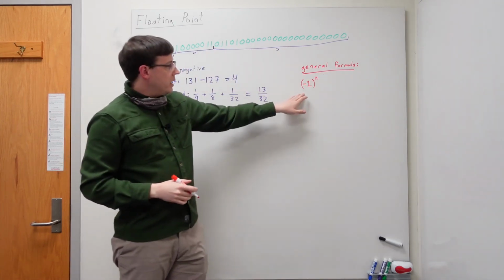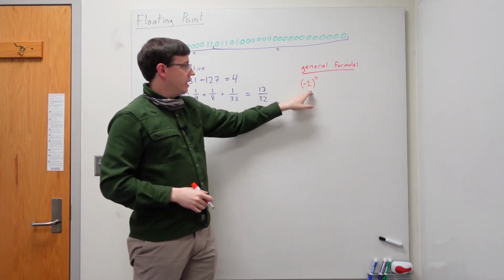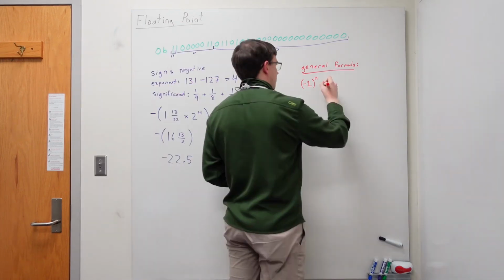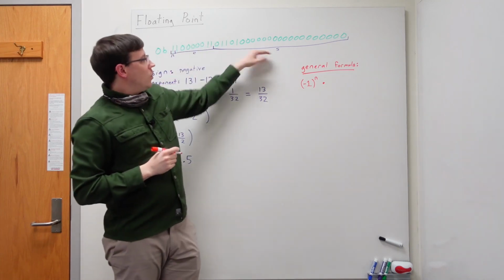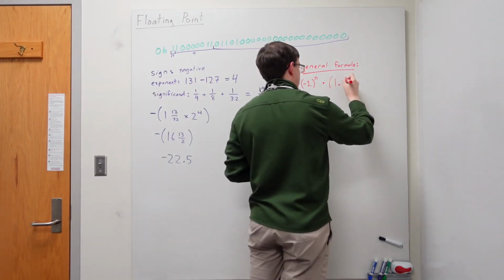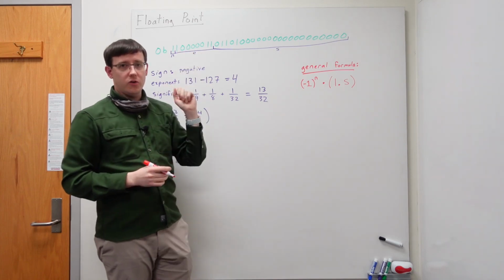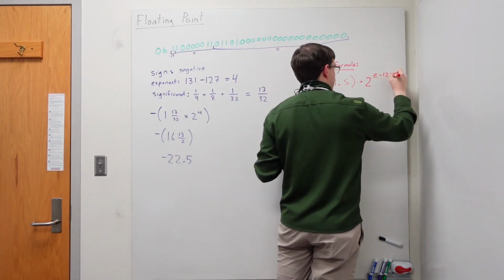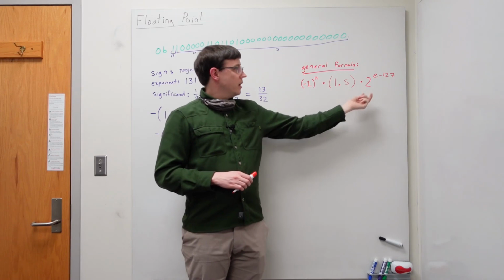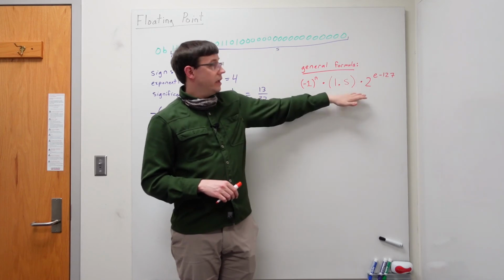We can compute minus 1 to the n, so minus 1 to the 0 would give us 1, and minus 1 to the 1 would give us negative 1, so that will always give us our sign, times 1 point the significand, times 2 to the power of our exponent minus 127. And so to get a decimal value, we would need to convert the fraction s and the integer e into decimal values, and then we could evaluate this formula.